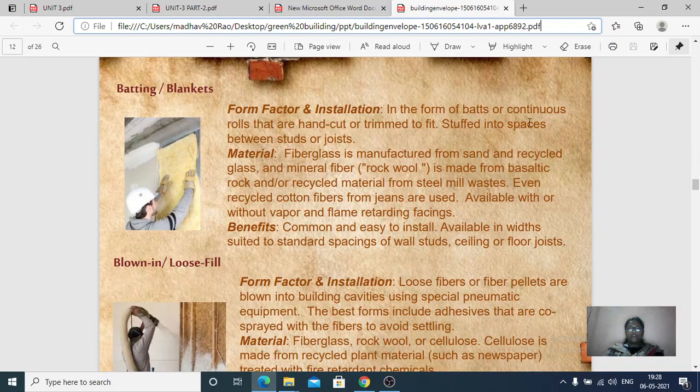Form factor and installation in the form of batts or continuous rolls that are hand cut or trimmed to fit, stuffed into spaces between studs and joists. Studs and joists, you can see this in circular pipes and circular hand cut trims to fit the form of batts or continuous rolls.